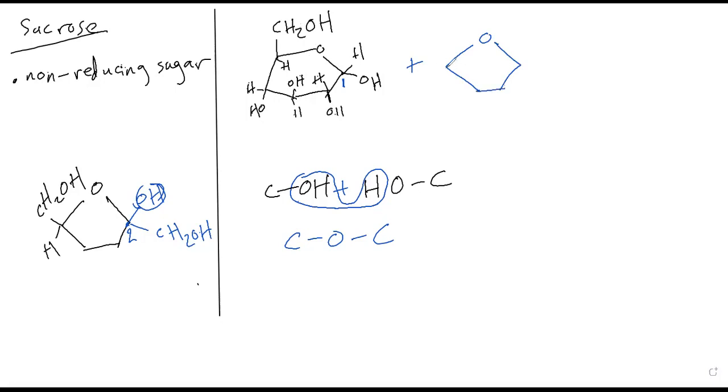Now, this right here, this is not carbon number 5. Remember, we flip it around. This is now carbon 2. This over here is carbon 5. So when you're doing sucrose, just know that the fructose molecule will flip around. So this is carbon 2, all right?